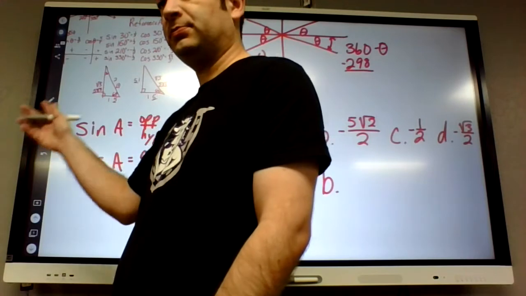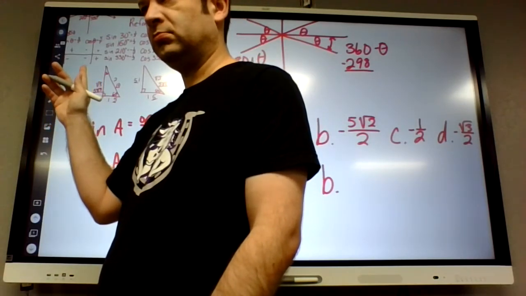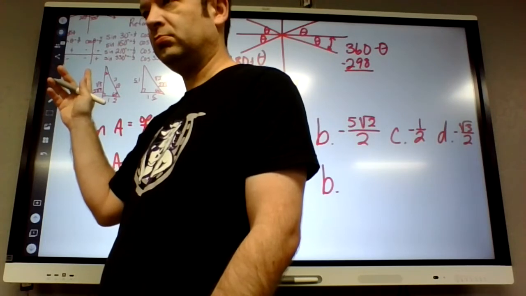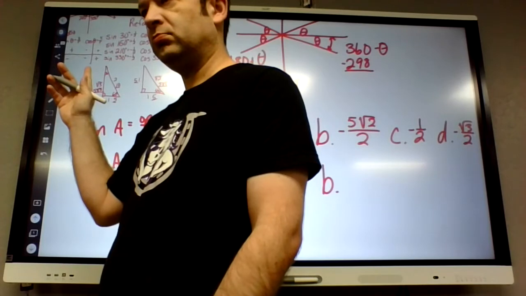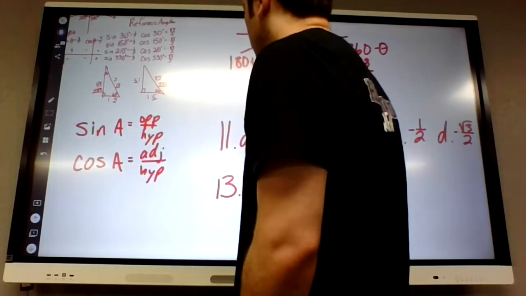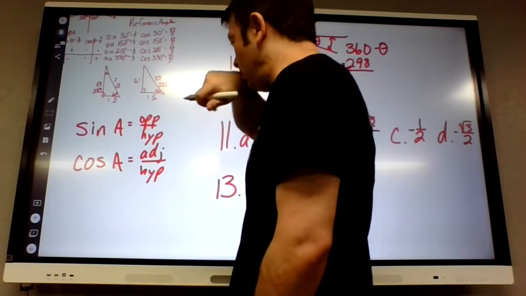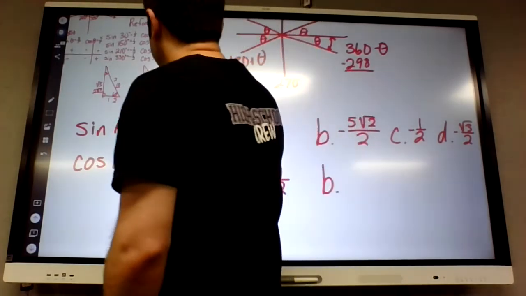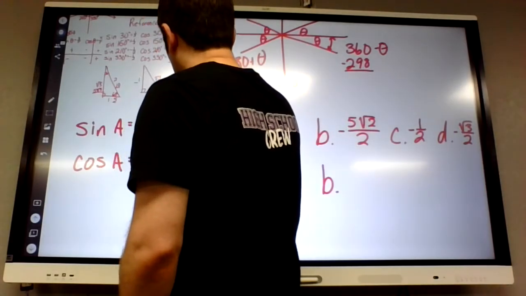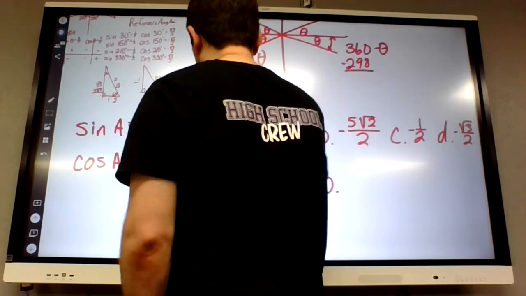Did I get one wrong? No, it works in the calculator, it just doesn't give us the right thing. Cosine of 45 gives you square root of 2 over 2. Oh, maybe I did the wrong thing. Oh, I put a 5. I only did it on that first one.